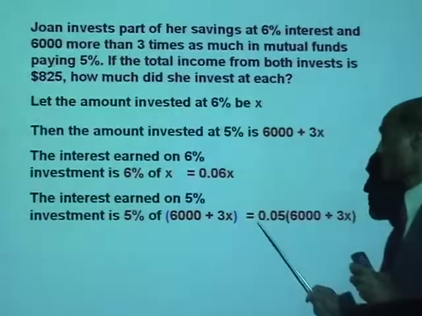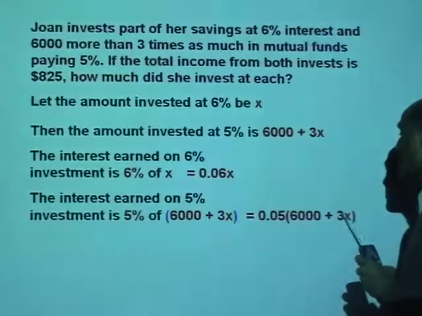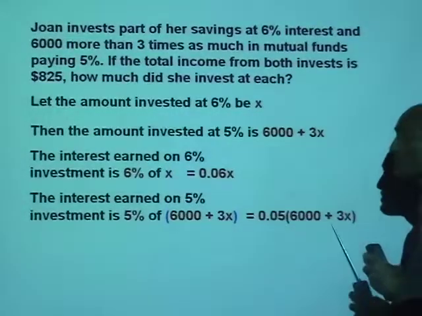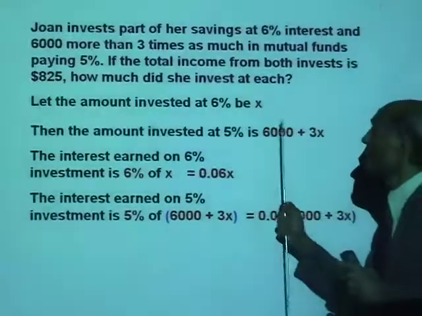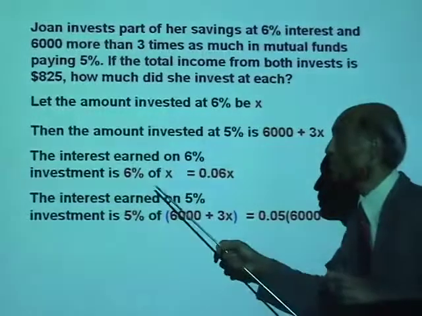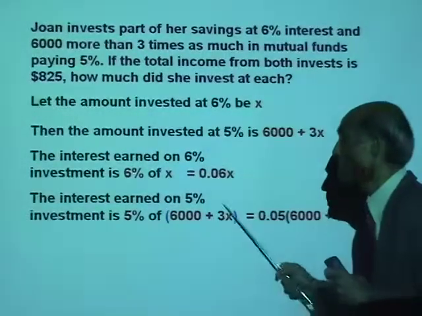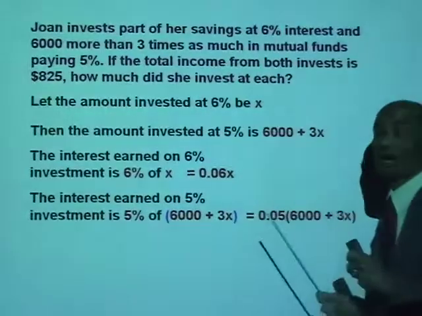There you are. 0.05 times 6,000 plus 3X. This is the interest she will get on this amount invested at 5%. It is 5% of that amount, 0.05 multiplied by the amount.